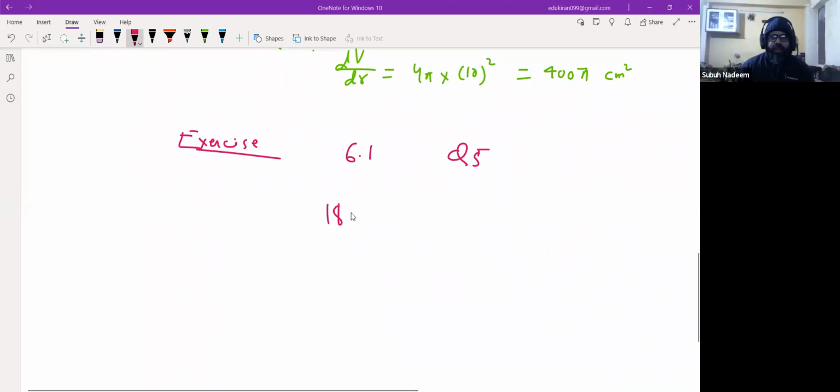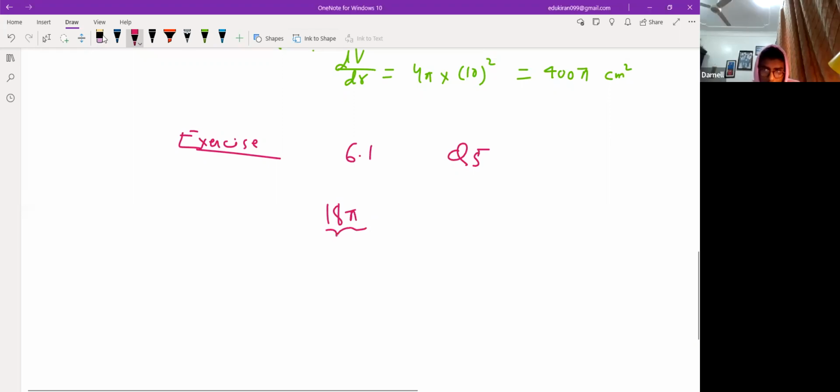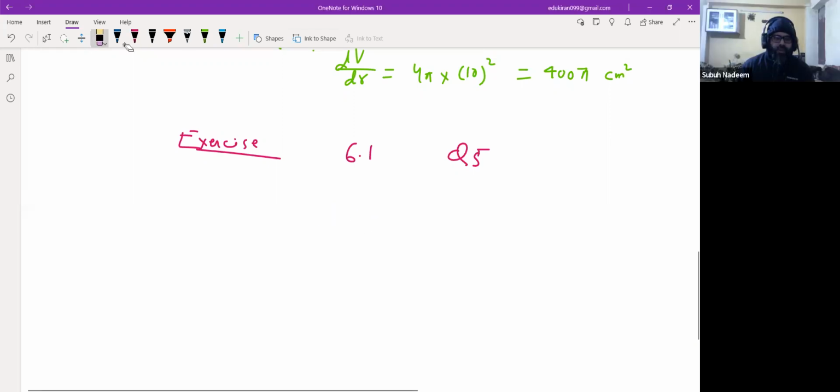You are saying 18π. No, sir, 80π. Oh, okay, 80π. Let me see. So 80π is how the enclosed area is increasing, so the unit would be cm² per second.